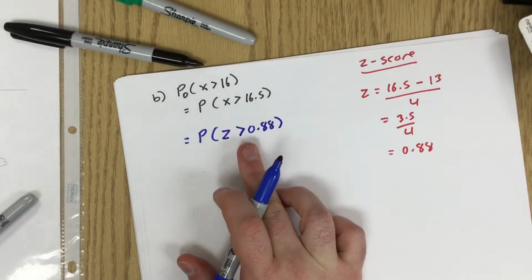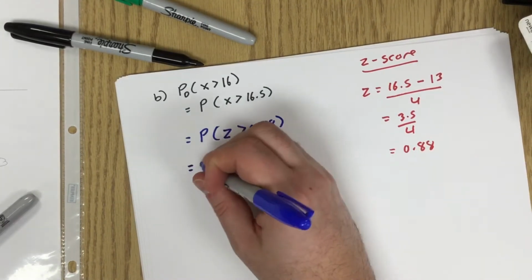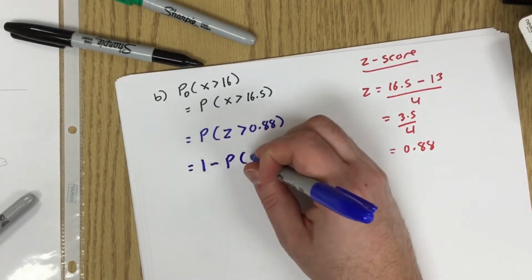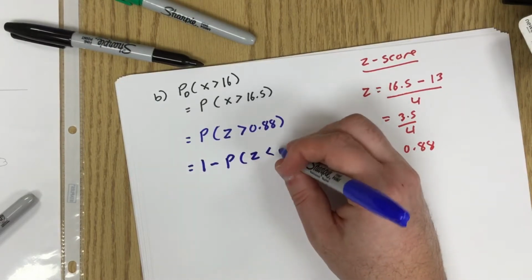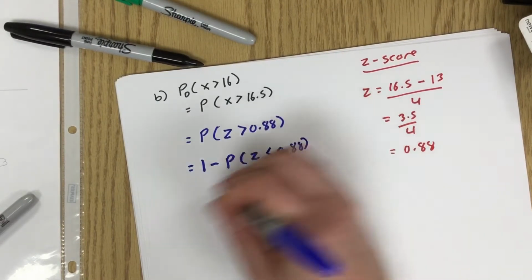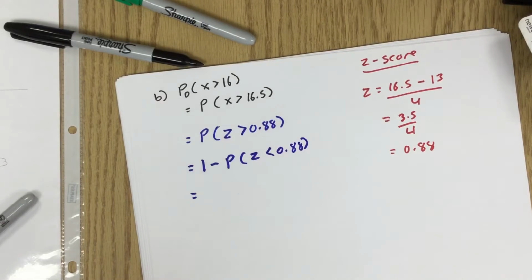And to find the probability that something is bigger, it's going to be 1 minus the probability that z is less than 0.88. So we're going to have to look up 0.88 on our chart.